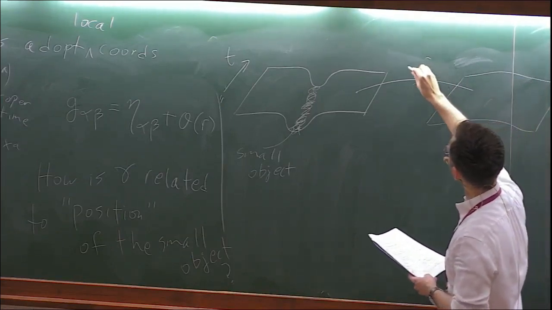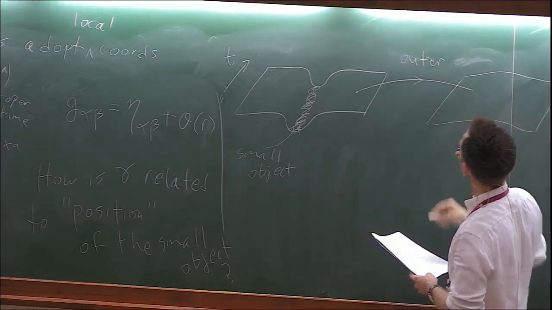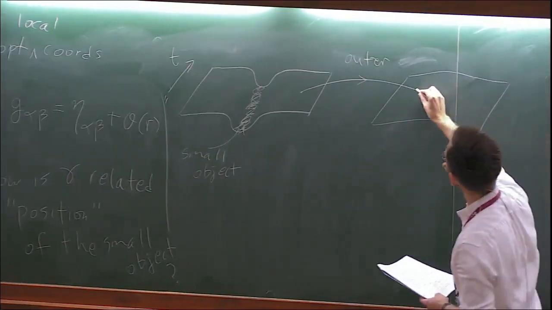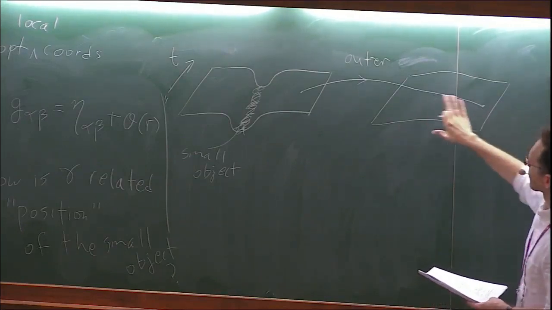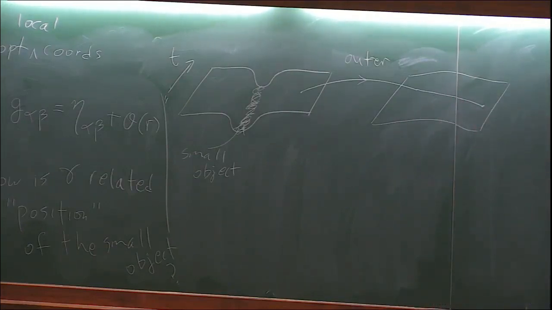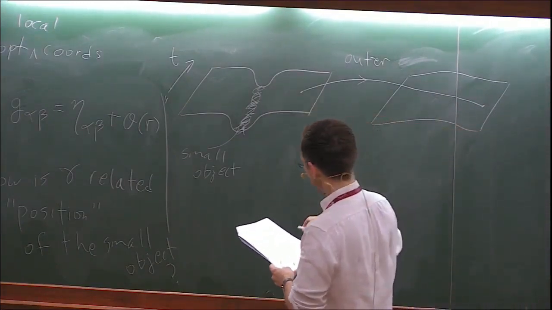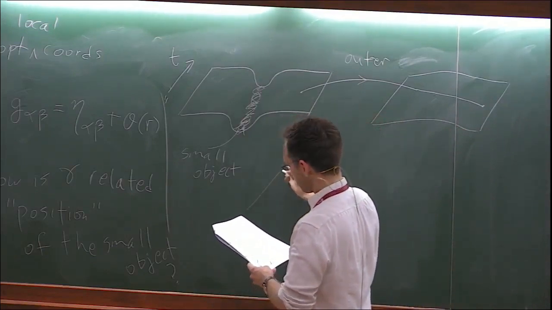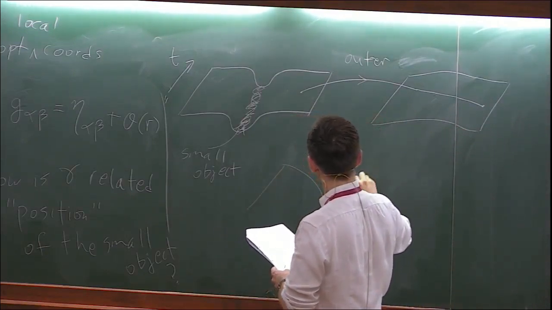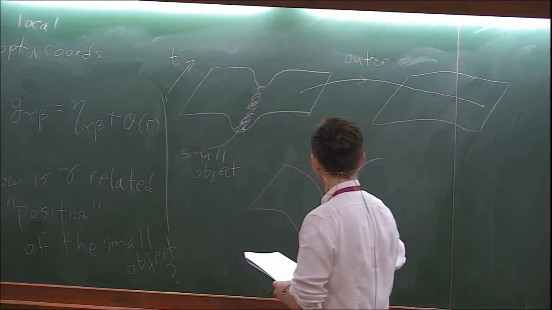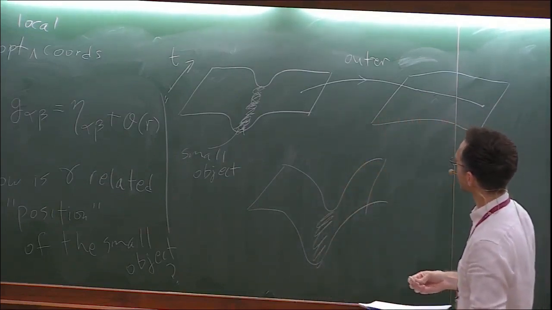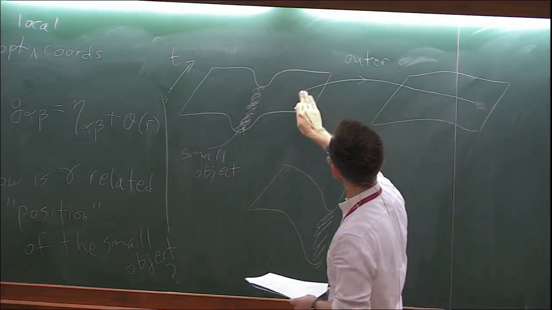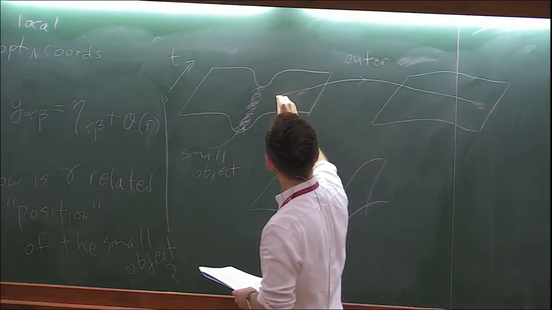In the outer expansion, you're looking at just a nice, smooth manifold, and then you add perturbations, little h, on top of that nice, smooth manifold. Then, in the inner expansion, you're zooming in on the region near the small object.